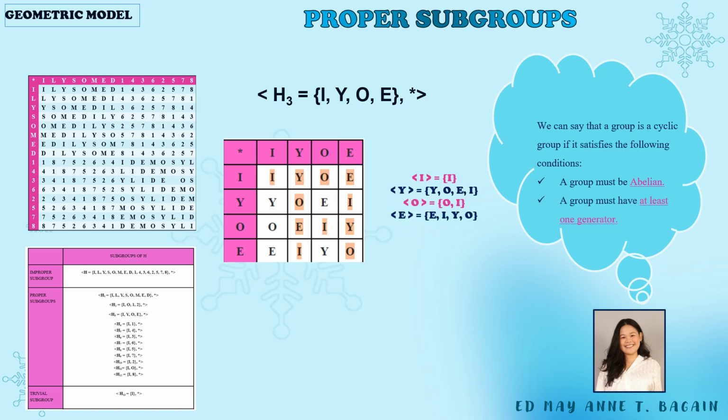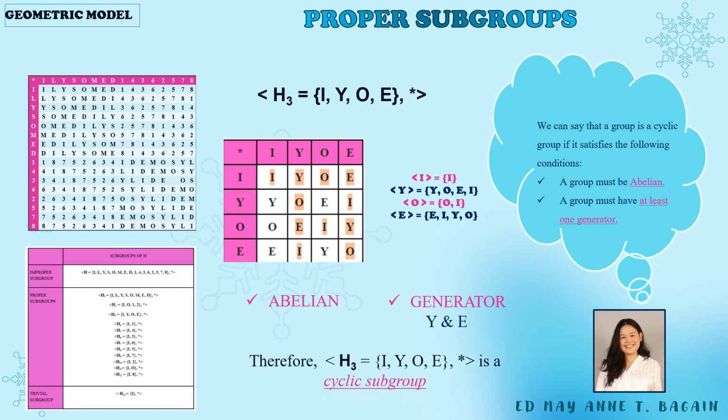Okay, so we know that Y and E, these two black letters here, are the generators of the set H sub 3. So yes, it is abelian, and we have two generators, Y and E. Therefore, the set H sub 3 equal to I, Y, O, E under the operation star is a cyclic subgroup.